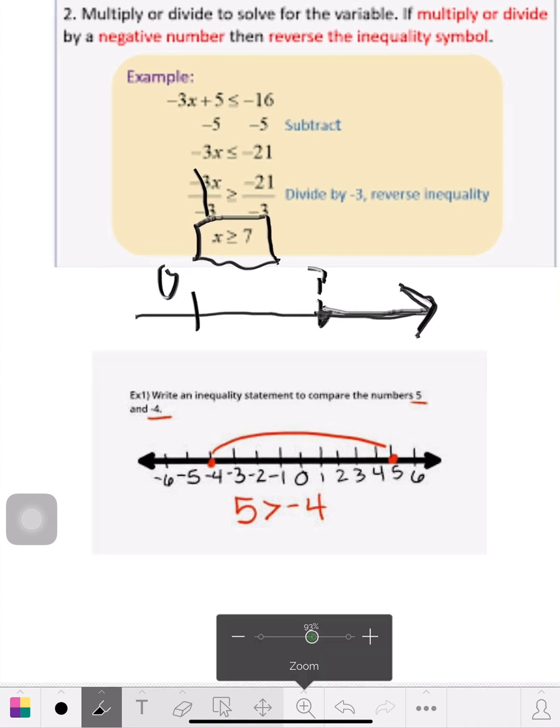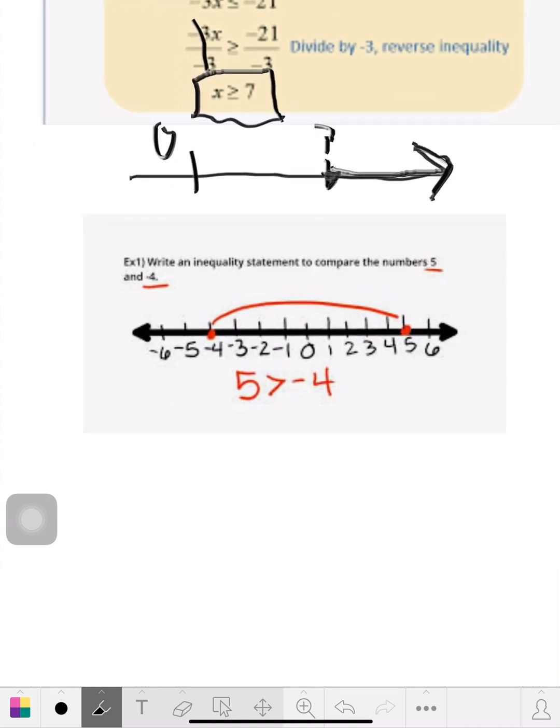And you know what I put below there? Just in case the teacher does do this, they might want you to graph that inequality, okay? So now, as you see, it's 5 is greater than negative 4. So this should be a circle here and a circle here.